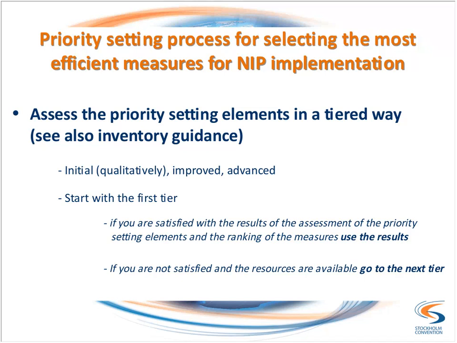But what is important is that the data you have is enough to make a priority, but also to establish a roadmap for your country, the planning that you need to put in place for the implementation of the convention. If you are not satisfied and you have the resources to do so, then go to the next tier. That implies sending questionnaires, making some visits, and maybe also taking some samples and having them analyzed.